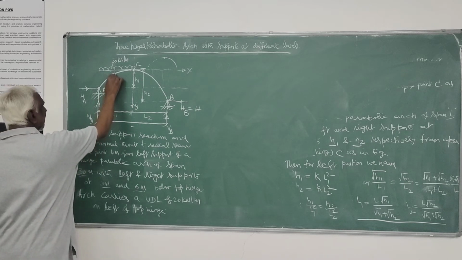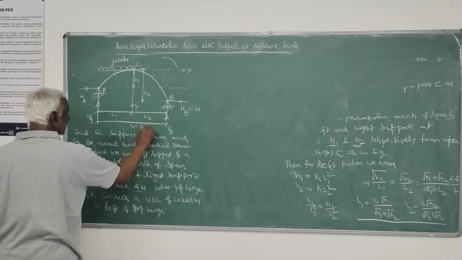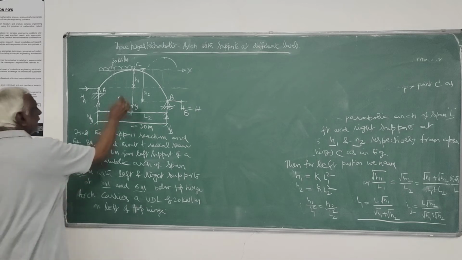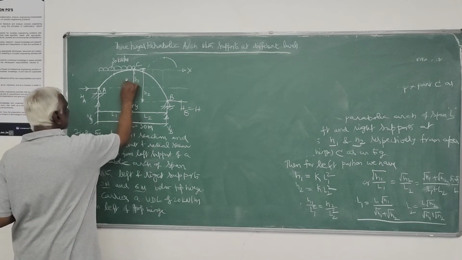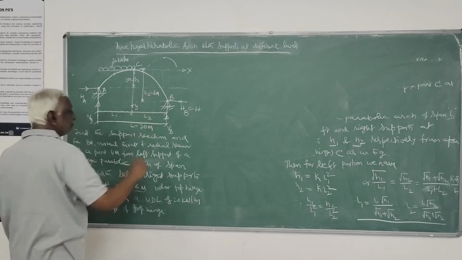The span L is 30 meters, H1 is 3 meters and H2 is 6 meters.